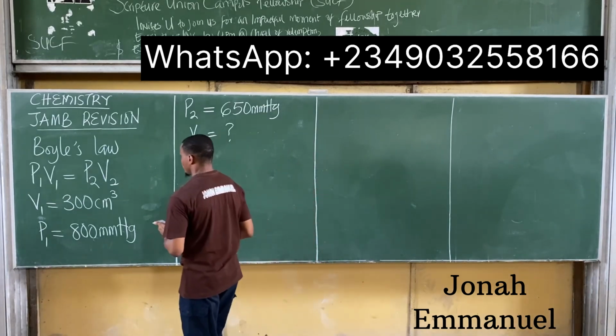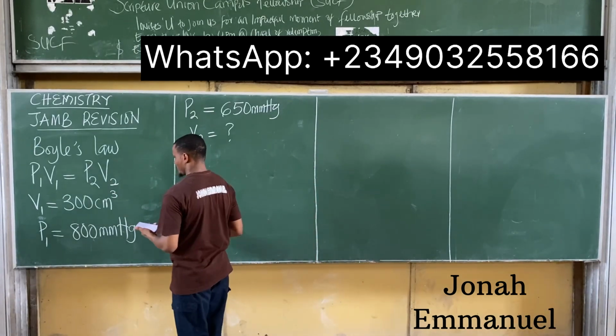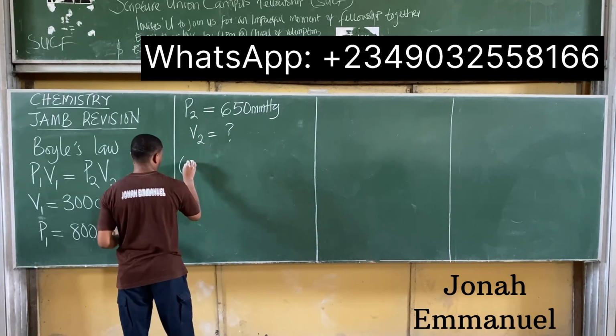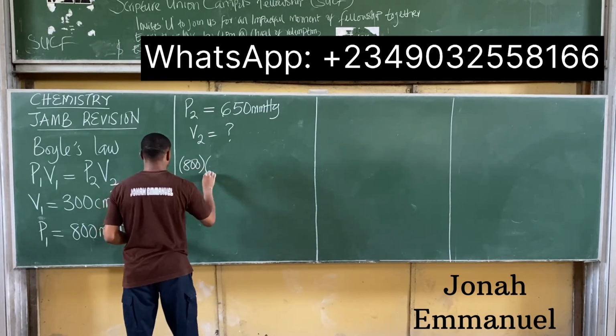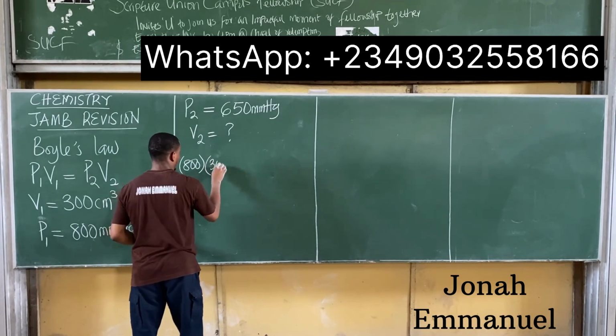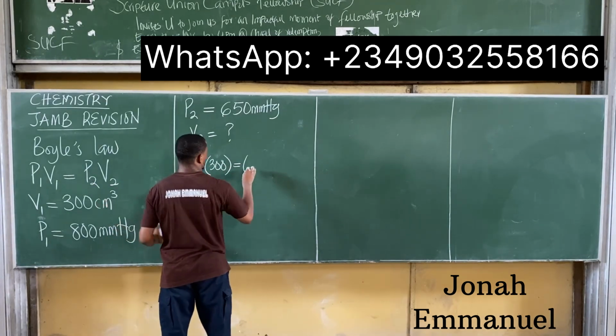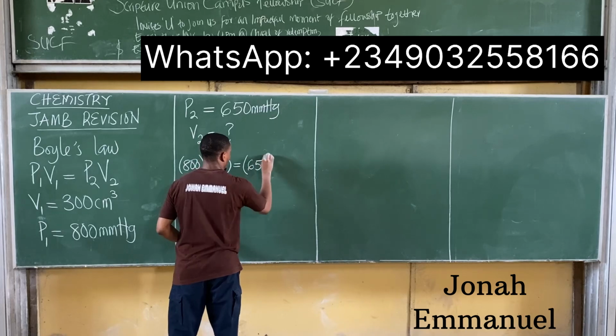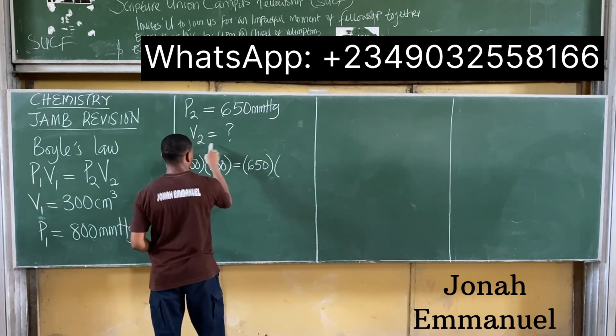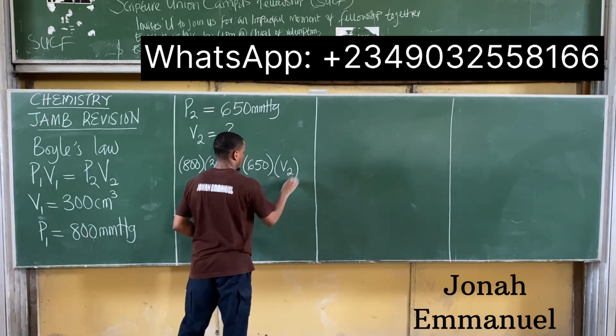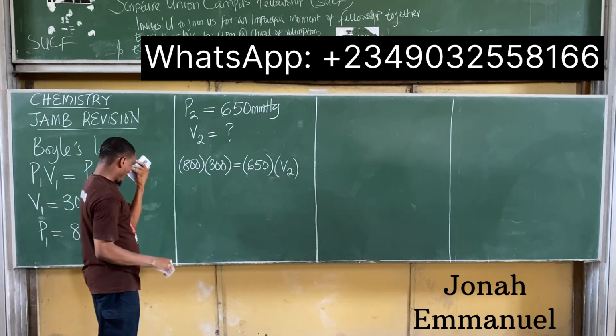So if I use P1 V1 equal to P2 V2, I have P1, which is 800, into V1, which is 300, is equal to P2. P2 is 650 into V2. V2 is unknown. All right. So multiply this.